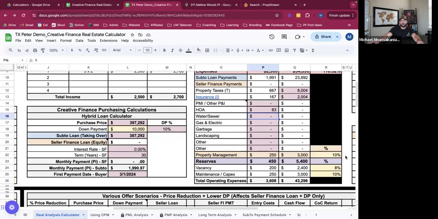We're just going to ignore all that and keep the standard property management, vacancy, maintenance, and CapEx at 10, 8, and 10. Property management at 10% is standard for a long-term rental. Vacancy is 8%, which translates to approximately 1 month a year vacant. And then maintenance and capital expenditures at 10%. Even though it's a new build, you still want to be saving for those expenses because those will come up.